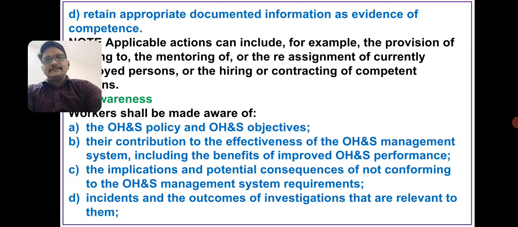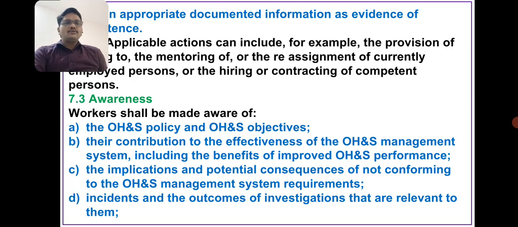Next subclause is 7.3, that is awareness. Now, awareness, workers shall be made aware of OHS policy and OHS objective, their contribution to effectiveness of the OHS management system, and the implications and potential consequences of not conforming to the OHS management system requirement, incidents, and the outcome of investigations that are relevant to them.